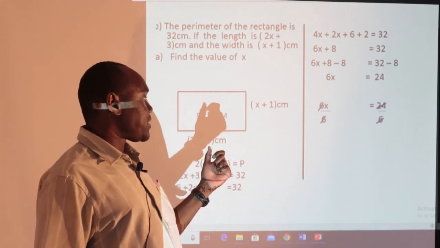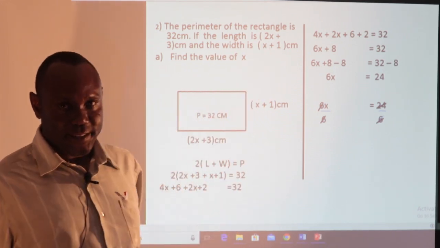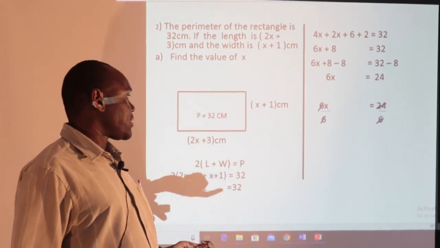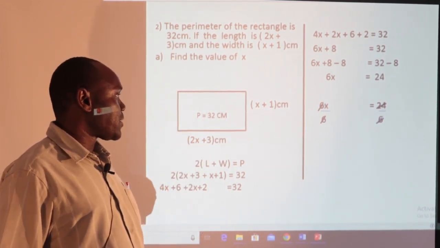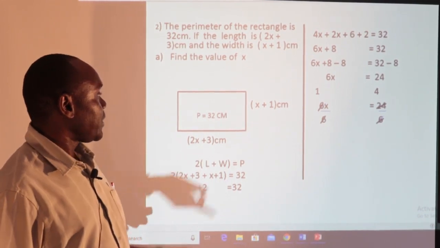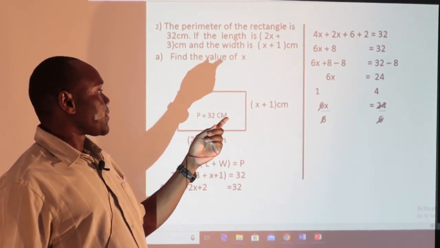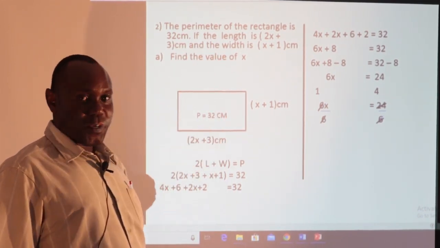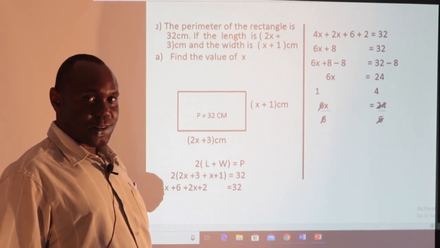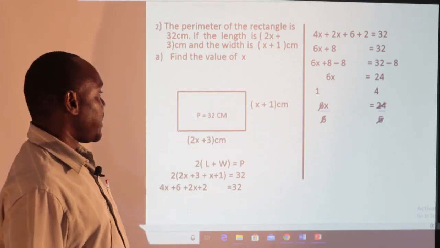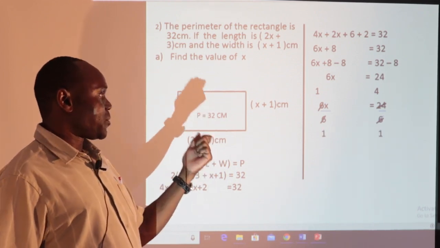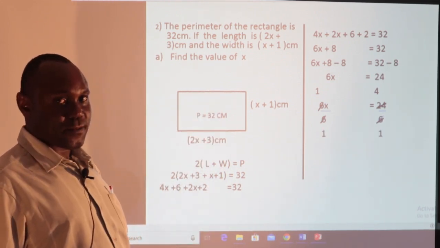You divide here by 6, the other side by 6. So 6 by 6 gives you 1. The other side, 24 divided by 6, you will get 4, because 6 goes into 24 four times.